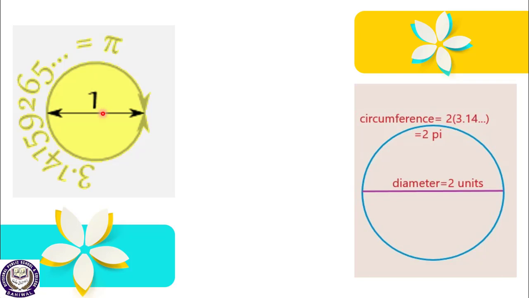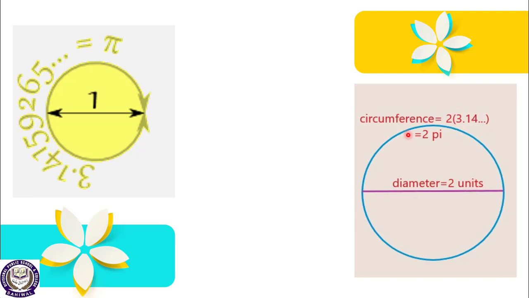When the diameter decreases, the circumference also decreases. In this case, we are taking diameter as 1 unit. So, the circumference is equal to pi, which is equal to 3.14159265, and so on.